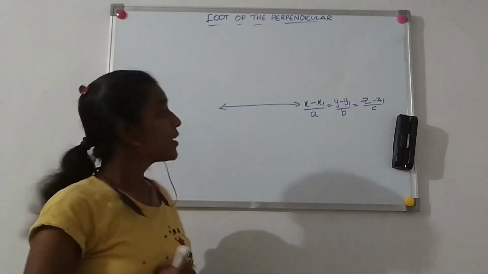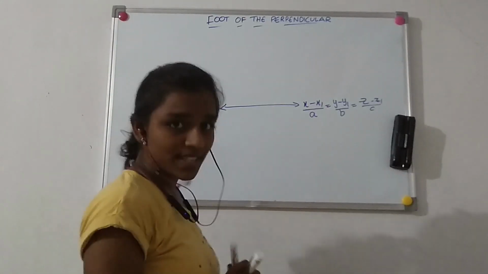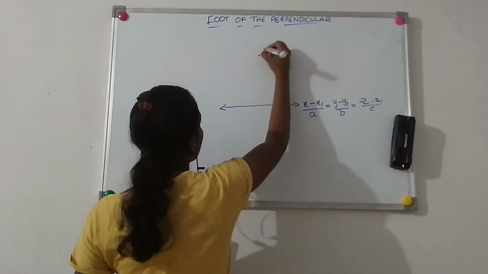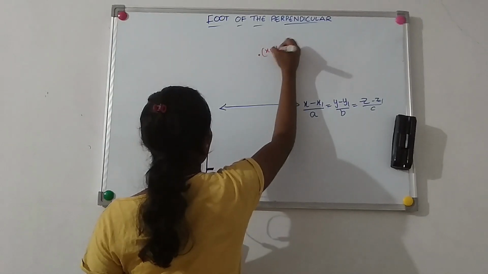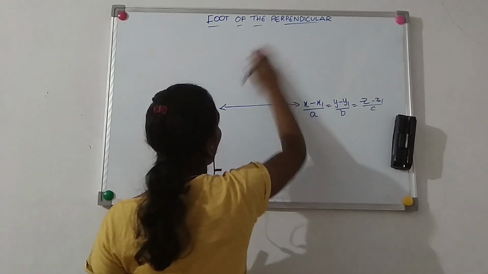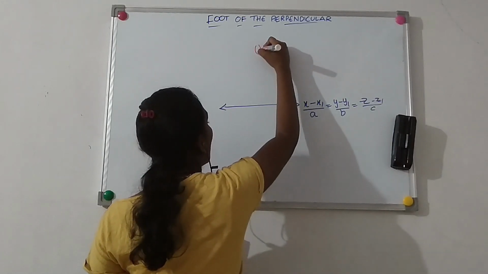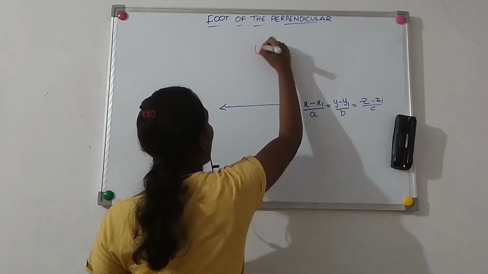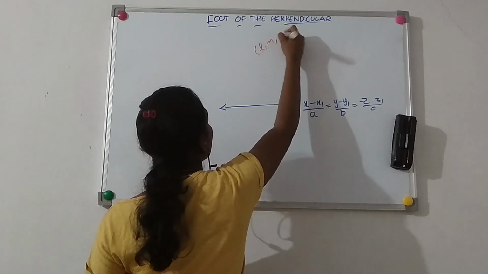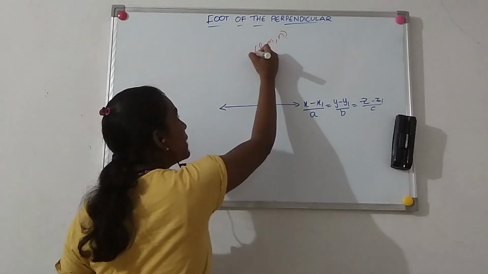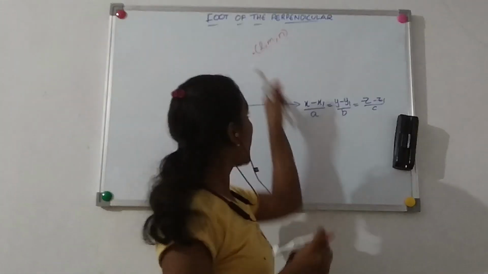Am I right? So now there is some point over here. Okay, I already have here x1 y1 z1, right? So let me take L comma M comma N. Okay. Let this be any point over here.